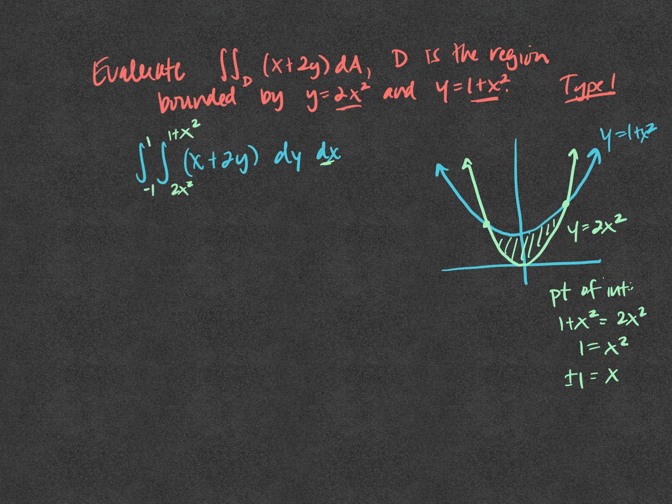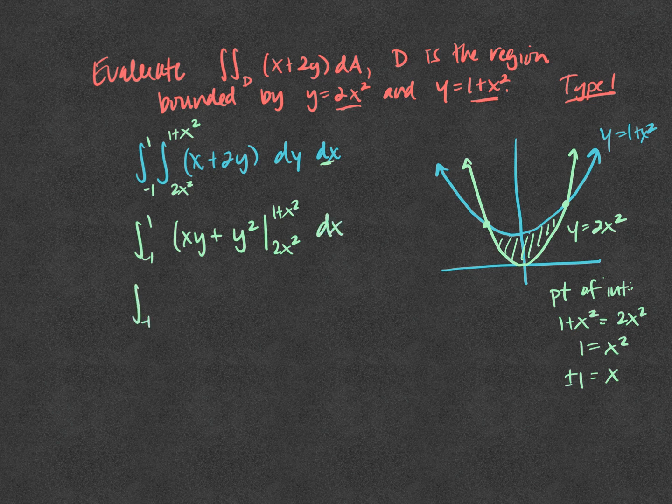Now this problem isn't too difficult. The setup is probably the hardest part for most of these. We're going to integrate with respect to y, from -1 to 1. When I integrate x with respect to y, we put a y on it, and 2y becomes y squared, from 2x squared to 1 plus x squared, and then our dx is at the end.